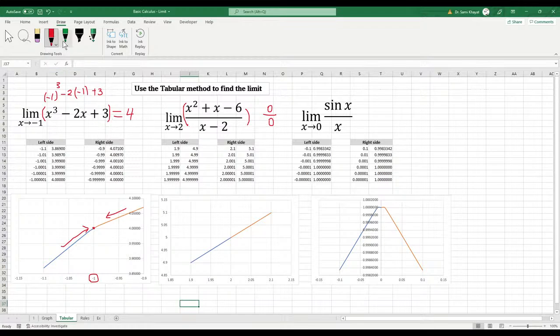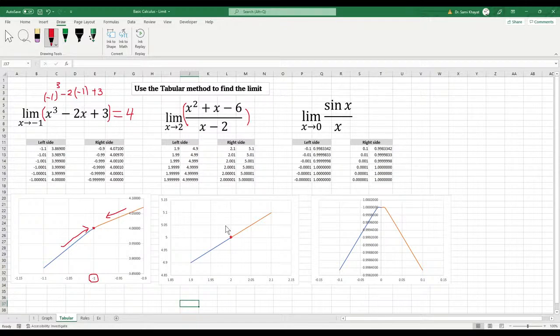We have 2 methods to test it. Here we will talk about using tables. I will approach this value, which is 2, but I will not go to 2, because when I substitute 2 here, it will give me an undefined number.